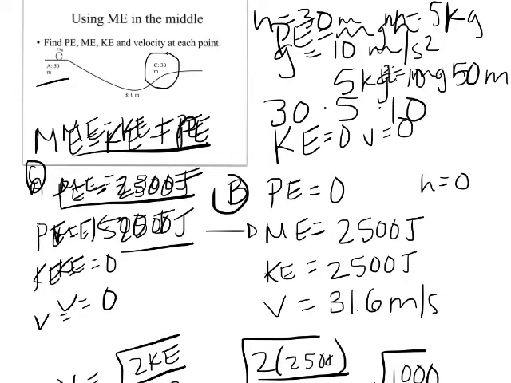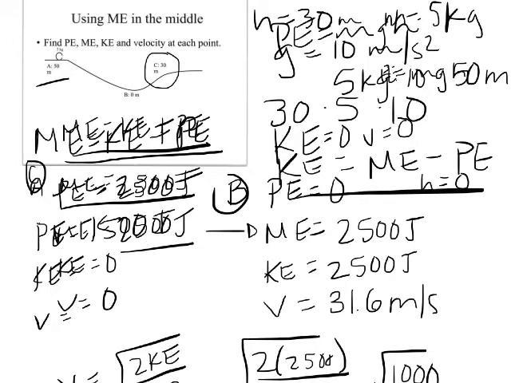Okay. Now to figure out KE, you have to use our equation here and rearrange for KE. Since you're adding PE, in order to get it to the other side, you have to subtract it. So KE is equal to ME minus PE.